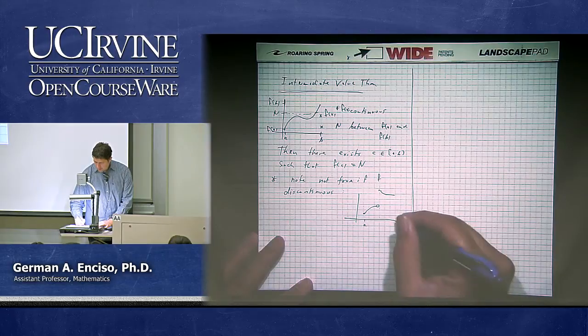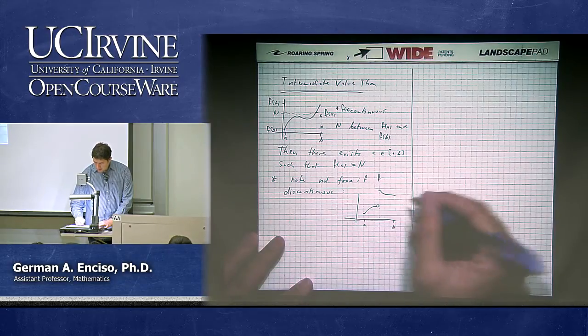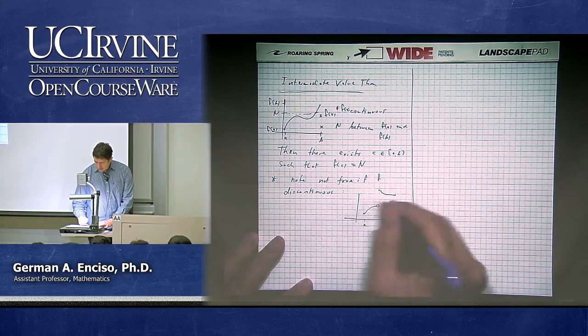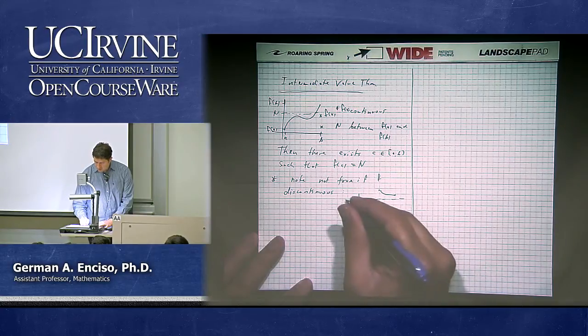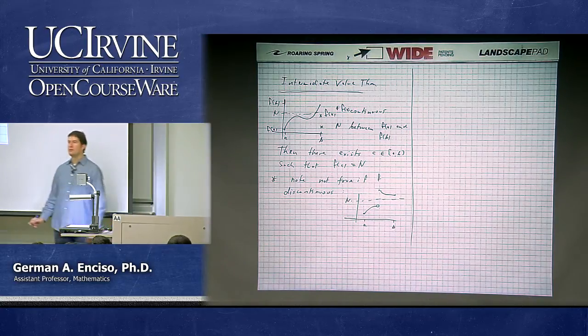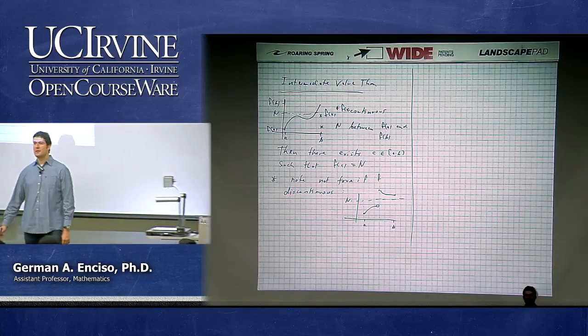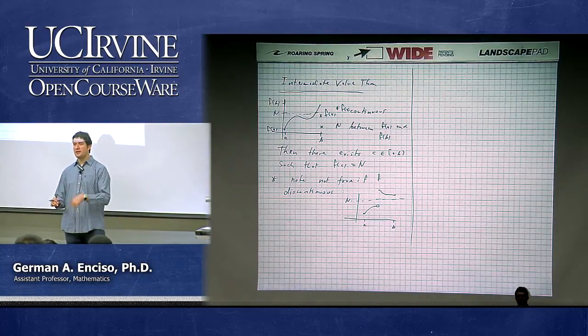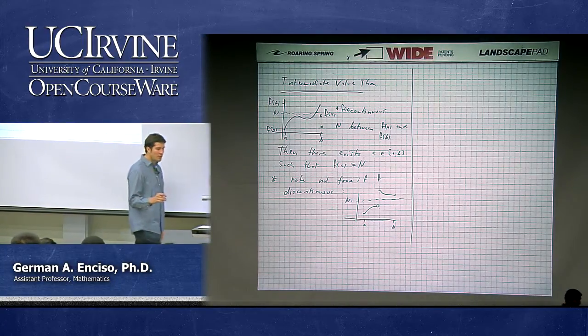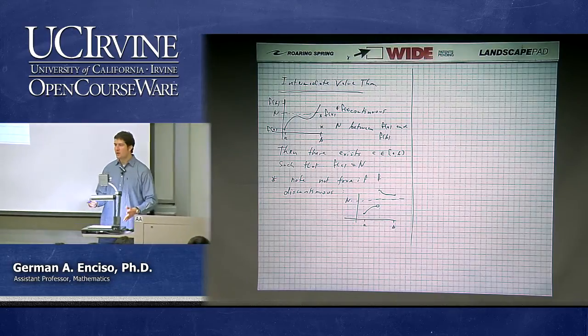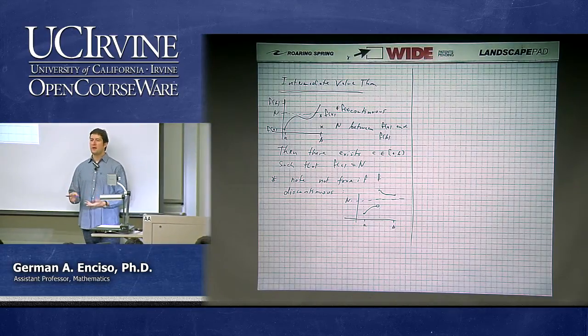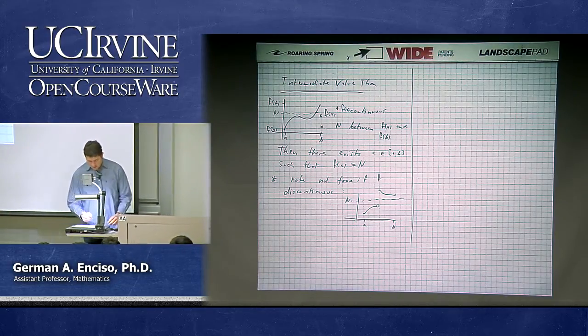Here's a, here's b, and you have a discontinuity in the middle, and if you choose n to be right in the middle, there's not going to be any point c such that f of c is equal to n. So in a sense, this theorem describes a profound property about continuous functions.